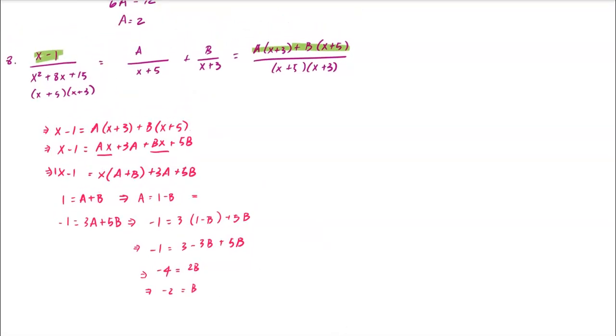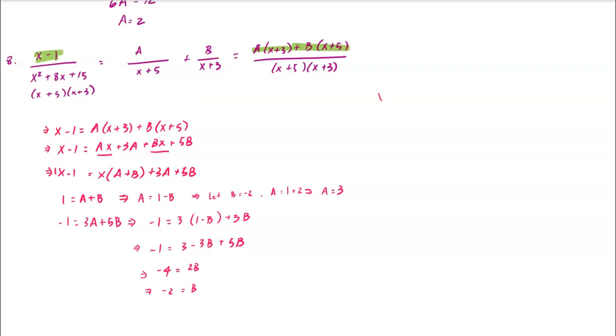So what does a equal? Let b equal negative 2. And a equals 1 plus 2, which implies that a equals 3.